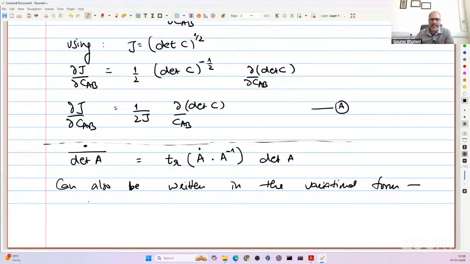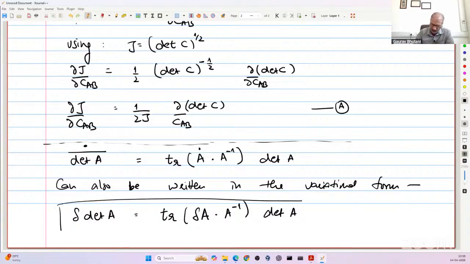That is, we just see the change in one quantity with respect to the other. So if you take a slight change in the elements of A, that of course results in a slight change in the determinant of A. If I was to divide this by delta t, that would basically give me the same expression as above. So we can use this variational form, let's not box it, to proceed.